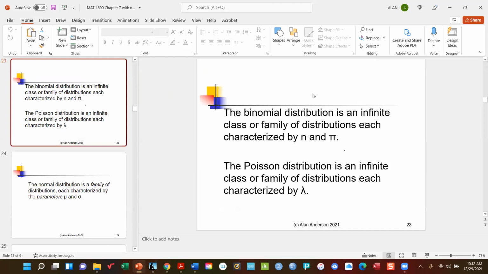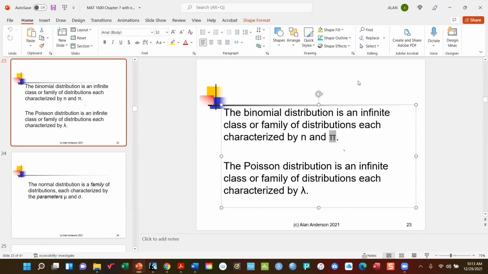So all probability distributions basically are an infinite class or family of distributions. You might recall that we looked at some histograms for the binomial distribution, and in each case we changed the value of pi, and we saw that it made a significant difference in the appearance of the histogram.